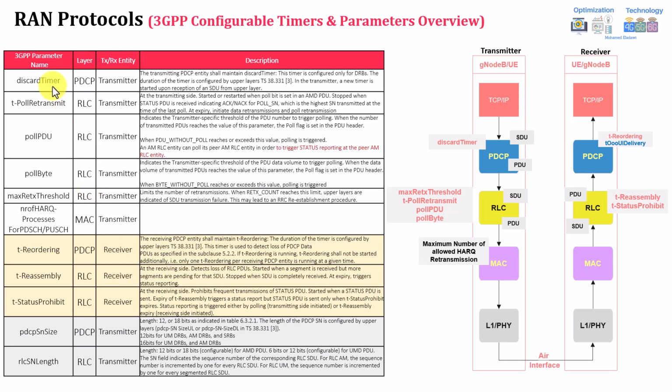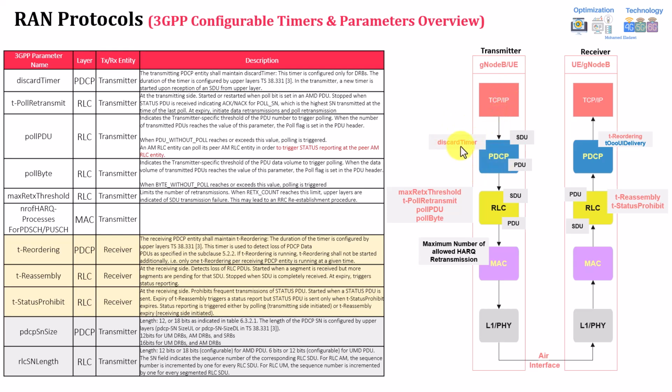The first timer is called the discard timer. This is at the PDCP. Once data is received from the upper layers at the PDCP layer of the gNB, for example, or the UE, a timer starts at the PDCP. This timer is just like a buffer time. If a packet stays longer than the duration of this timer, the transmitter, the gNB or the UE, will discard the packet, and it will be counted as a packet loss.